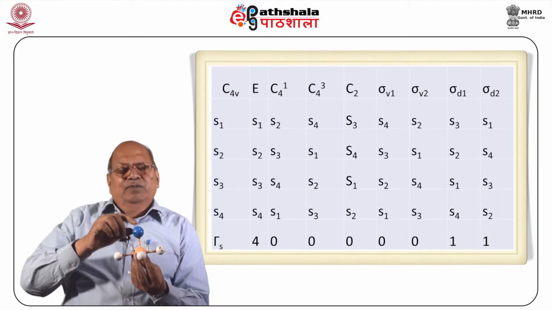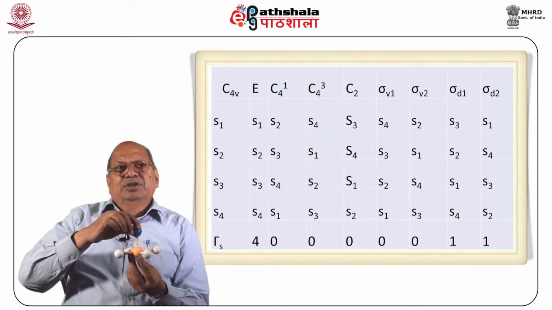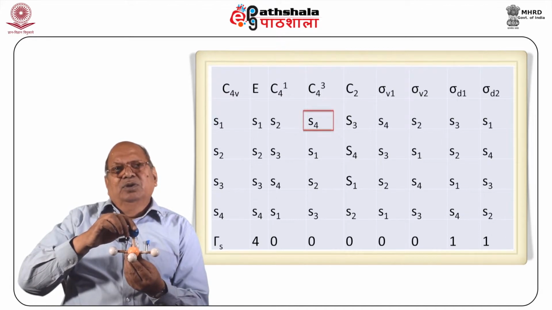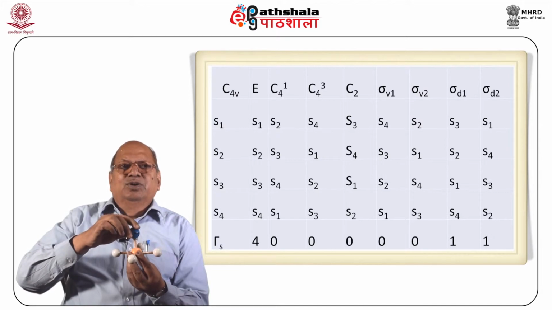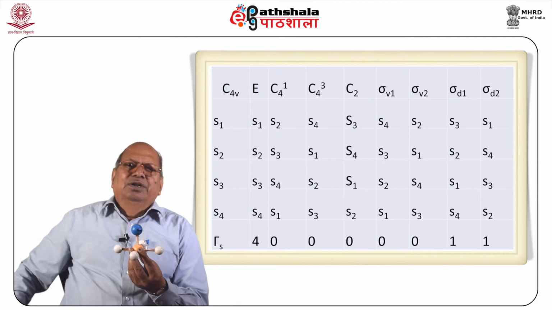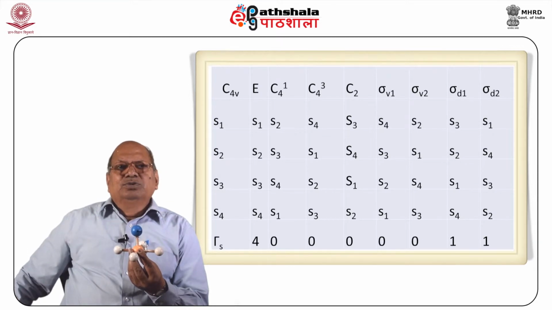Now, if I give C4 rotation, C41, S1 goes to S2, S2 goes to S3, like this it is changed. Similarly, if we take C43, S1 goes to S4 and S2 goes to S1. Like this all these symmetry operations are carried out, and we have seen how S1 goes to other positions.